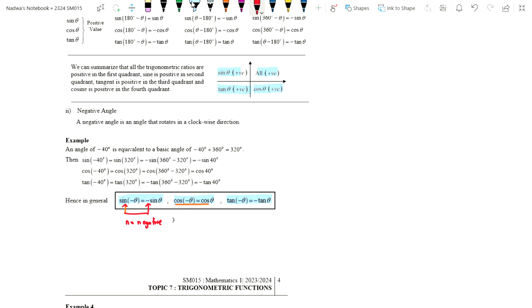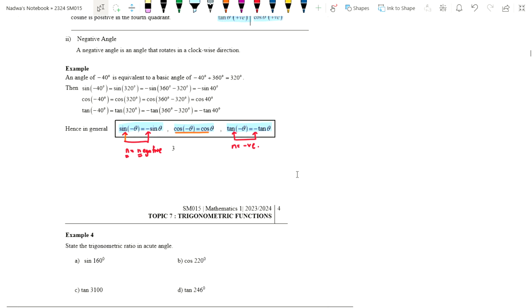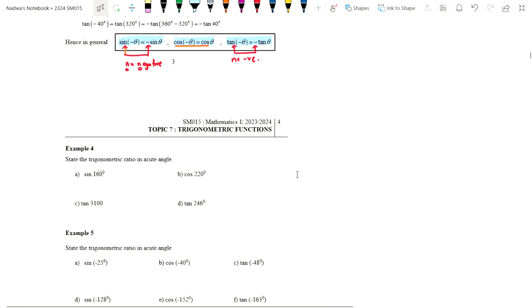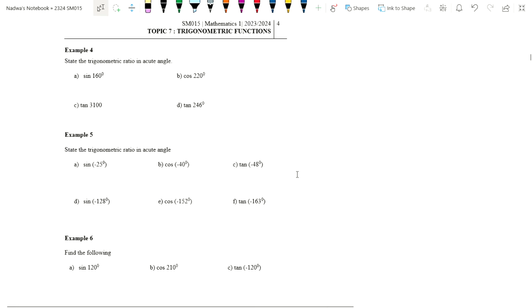Cos does not have N. So it does not become negative. Tangent. Does tangent have an N? Yes. So its N here is equal to negative. Okay, so this is one way to remember this. Otherwise, just remember cos negative theta equals positive cos theta. Sin and tangent will remain negative. Okay, so this is just a recall from what you have learned in school.